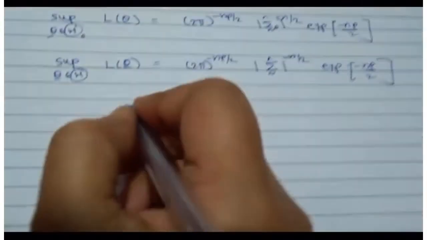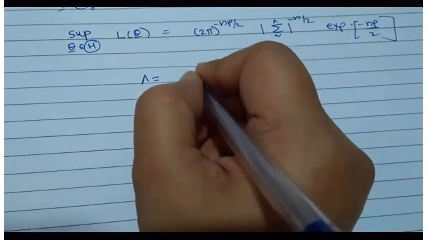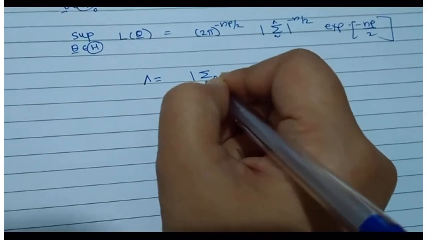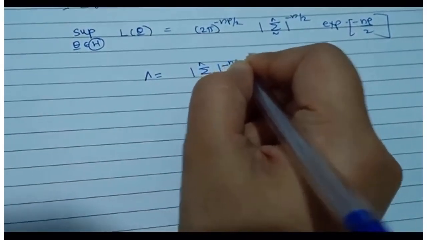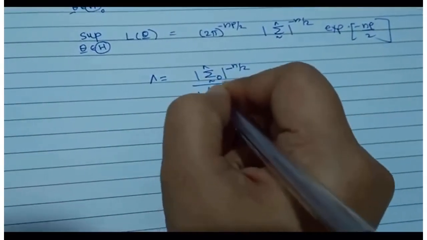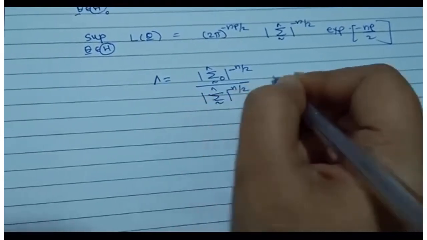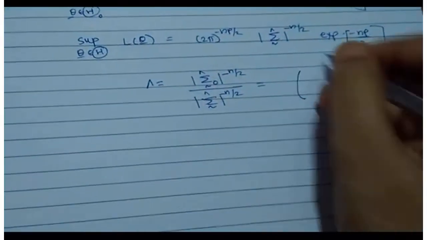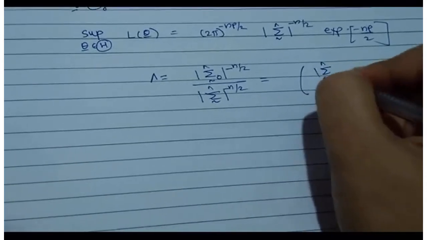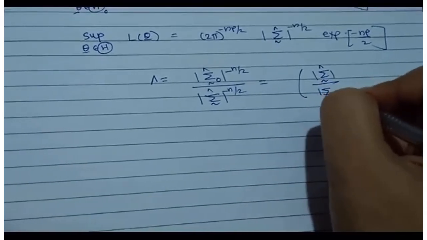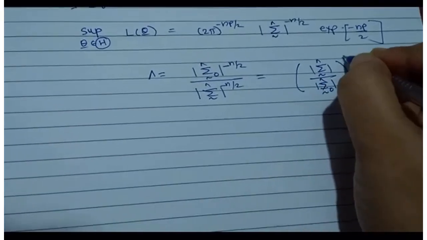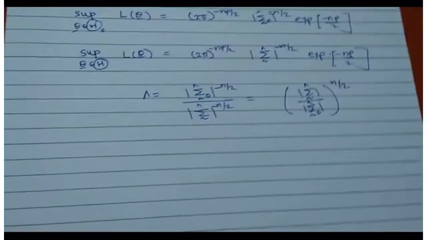So when I take the ratio, this lambda is going to be determinant of sigma naught hat raised to minus n by 2 divided by determinant of sigma hat raised to minus n by 2. So I can rewrite this as determinant of sigma hat upon determinant of sigma naught hat, raised to n by 2.